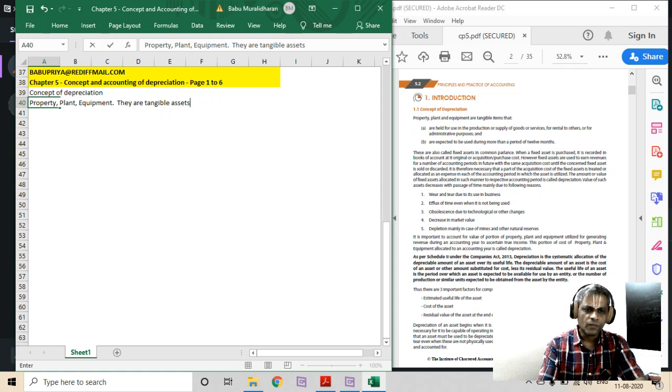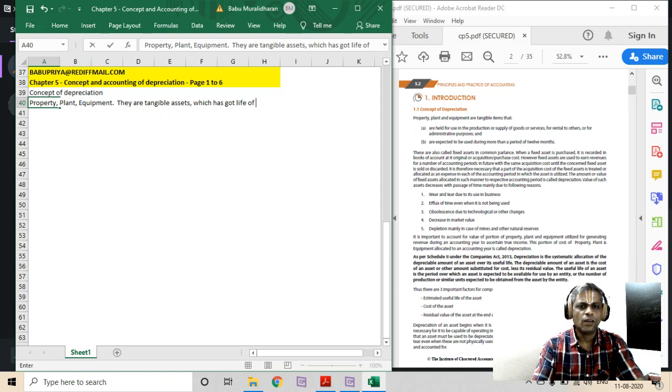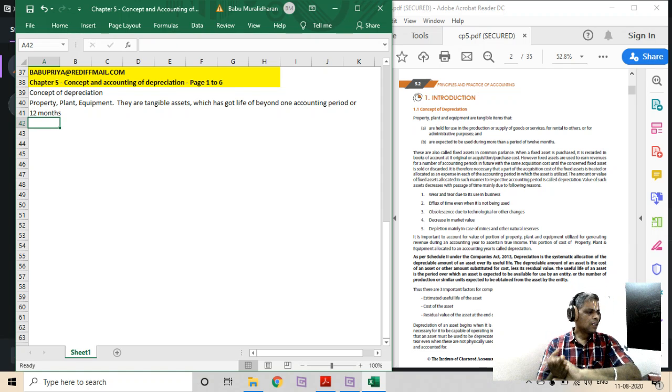Tangible assets which have a life of beyond one accounting period or 12 months.